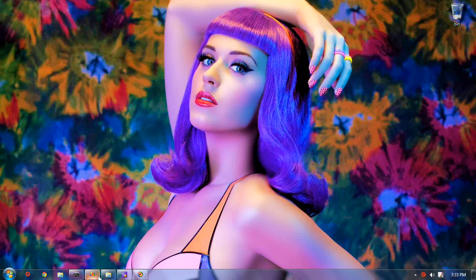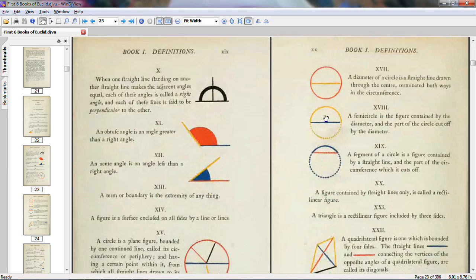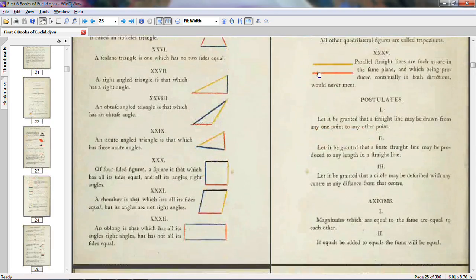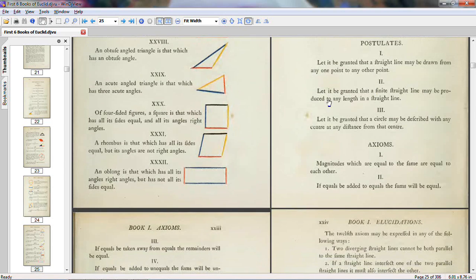I have it ready here. These are the definitions, and here now the postulates.